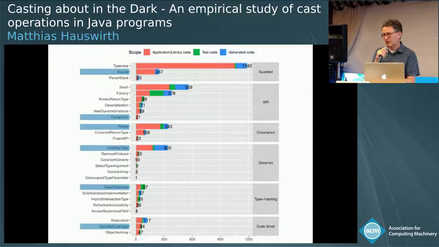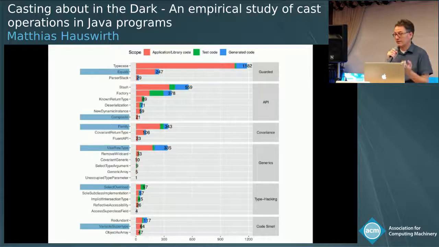You see that the majority was in application code, but some patterns were quite prevalent in other code. For example, factory is quite often used in testing code, or use raw type is quite common in generated code, where you say, I'm generating code that nobody will ever read. Why should I make it nice and precisely typed? I just throw the erased raw types in there and that's enough.